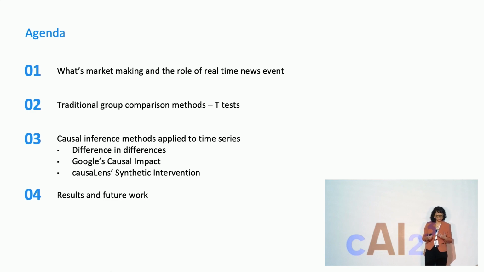The methods we're going to go over are a simple difference in differences, Google's causal impact, and CausalLens synthetic intervention, and then we're going to share the results and talk about future work.